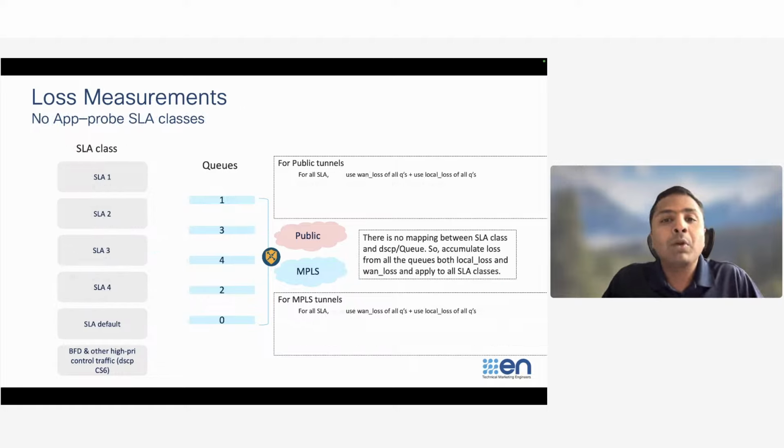We have seen some deployments where app probe class is not configured. In that case, when there is no mapping of an SLA to a queue and DSCP, for all SLAs we just use the WAN loss across all the queues and also the local loss across all the queues. So the loss measurement is very simple in this case because there's no per queue mapping here.